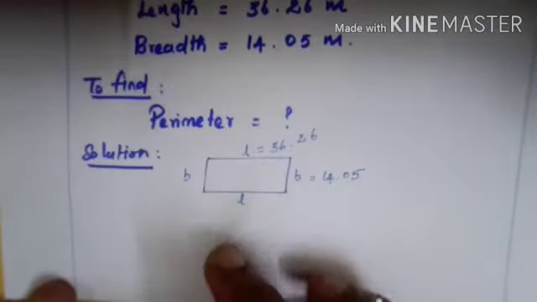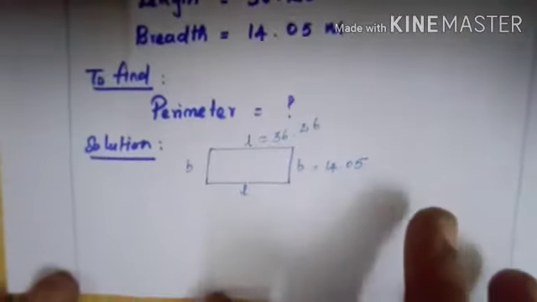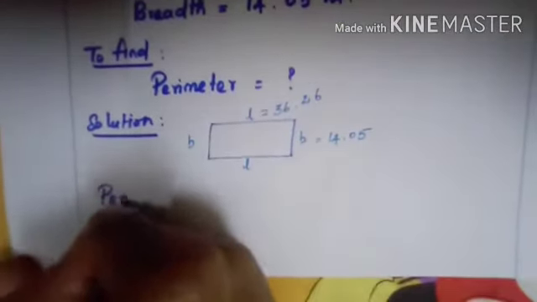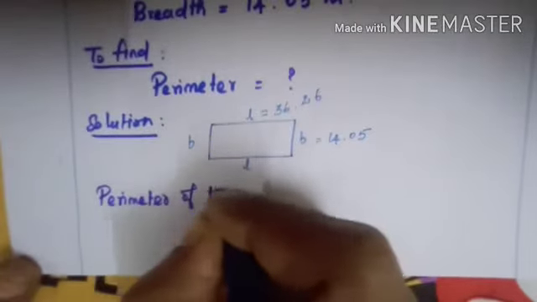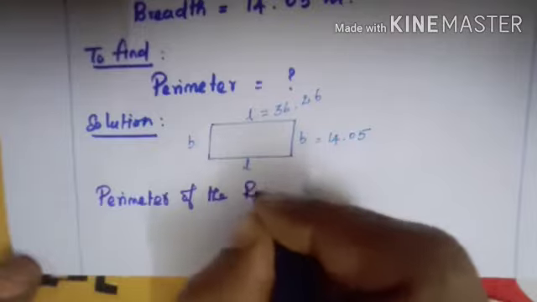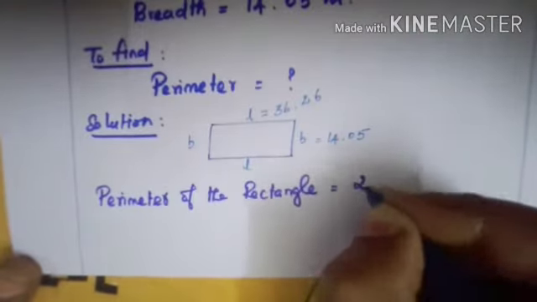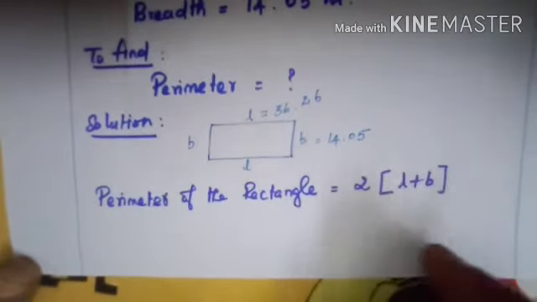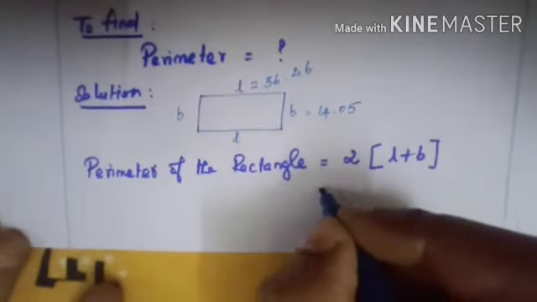Perimeter means you have to add all these. We know that the perimeter of the rectangle is equal to, we have a formula, 2 into (L plus B). Apply the length and breadth in that formula.